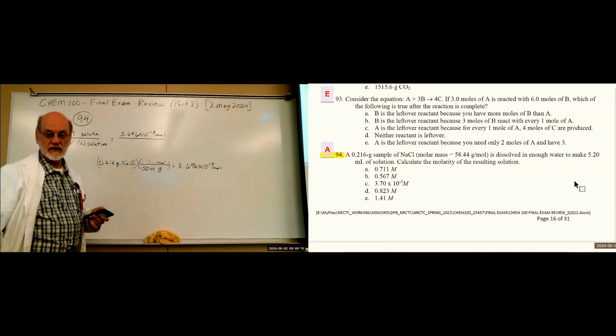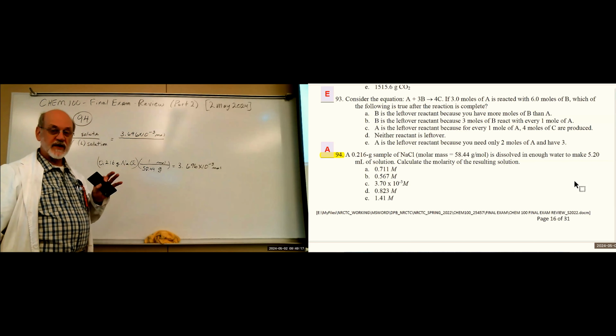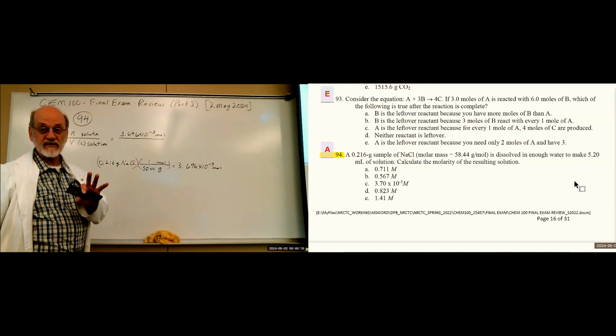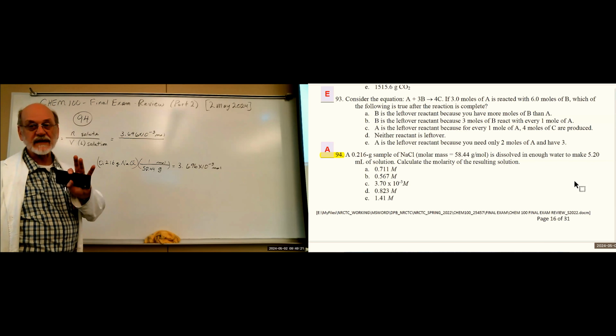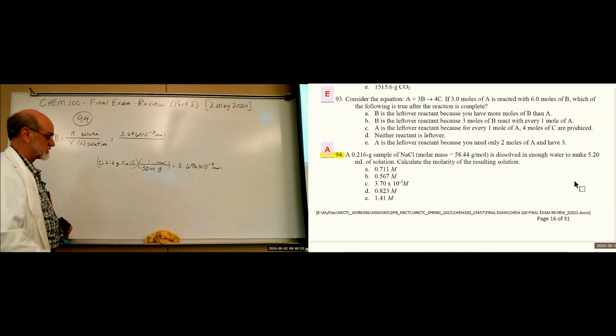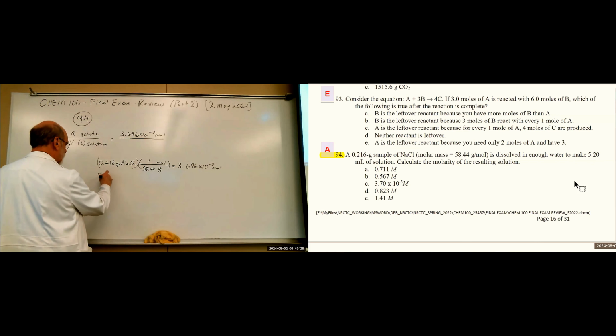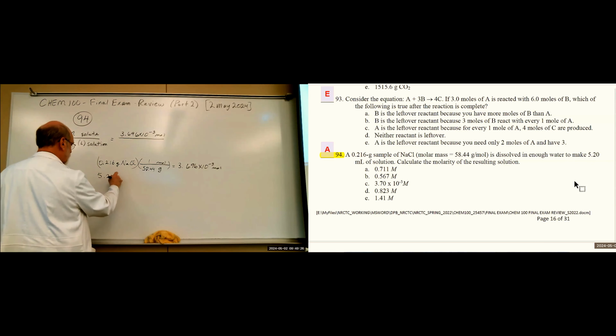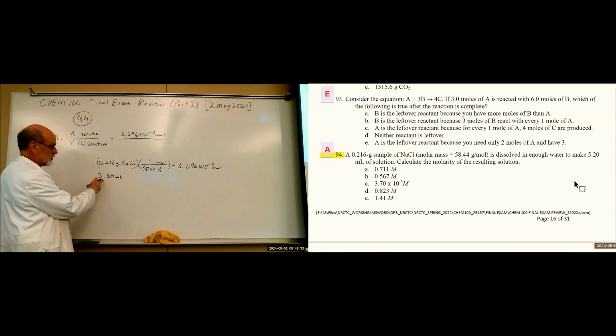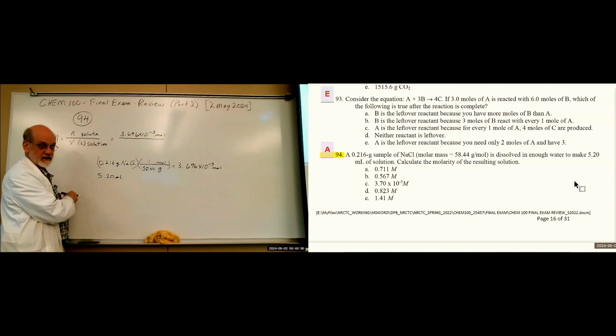And what's the volume? This has to be the volume of the solution. We are given that, but not in liters. We're given that in milliliters, 5.20 milliliters. How many liters is that? Well, if you do enough of these, you know that you need to move the decimal 3 places to the left.